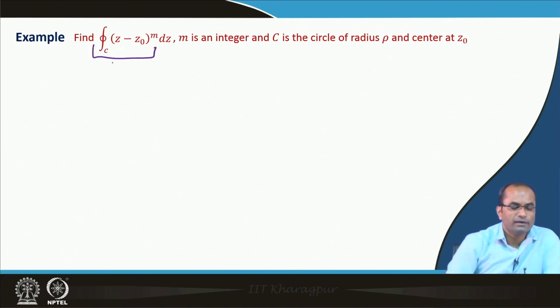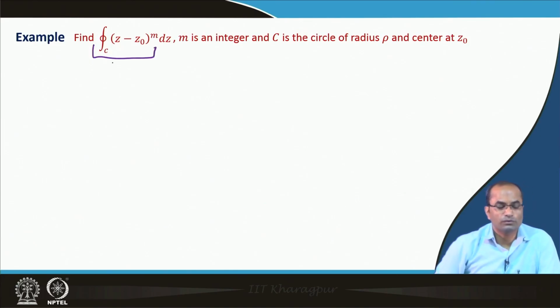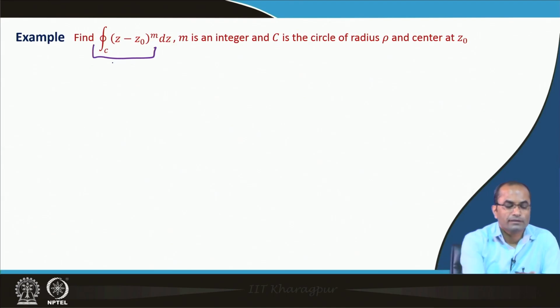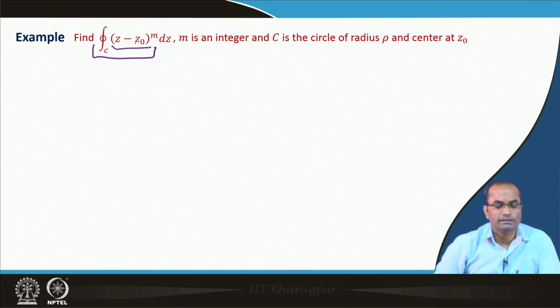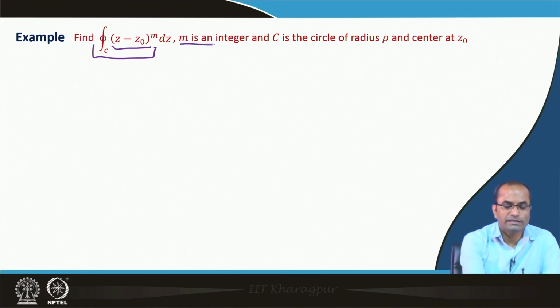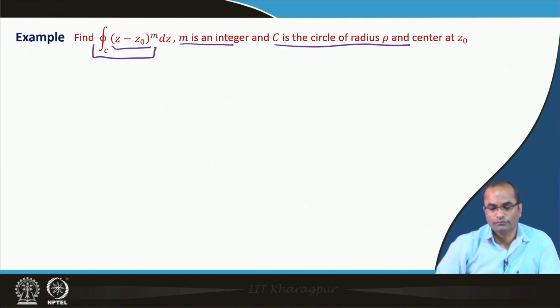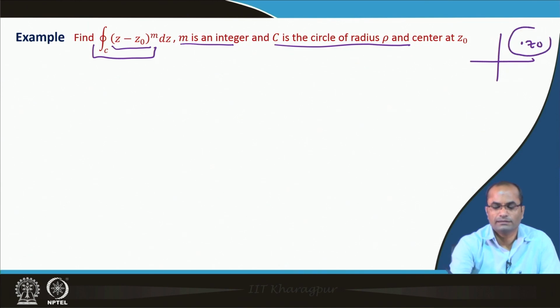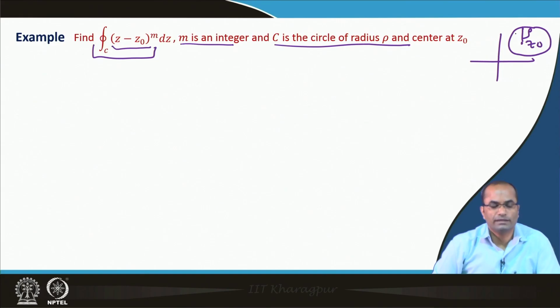We want to evaluate the integral over the closed curve C of (z minus z0) to the power m dz, where m is an integer and C is the circle of radius rho with center at z0.